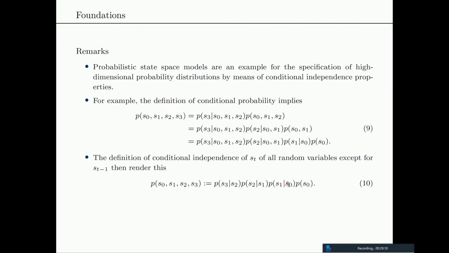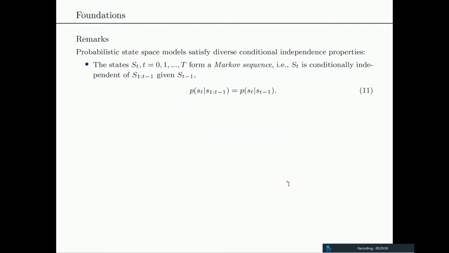From these conditional independence properties that you introduce can then follow other conditional independence properties that you do not necessarily define, but that follow from that. We talked in the beginning about how you can define independence of random variables, and sometimes based on defining certain independence properties, other independence properties then follow. And this is actually what's happening also in state-space models.